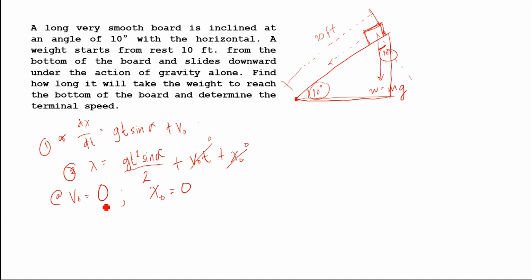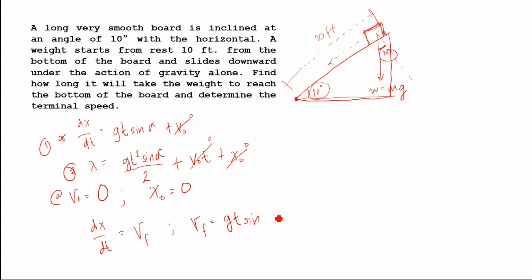So dx over dt is your final velocity, or this is now v is equal to gt sine alpha, since yung v0 daw dito ay 0.